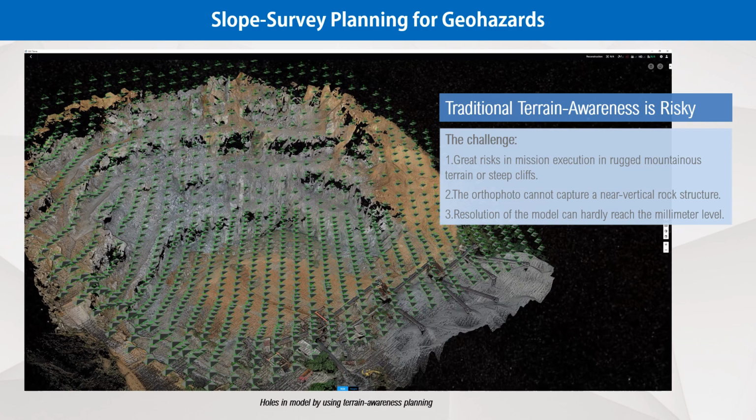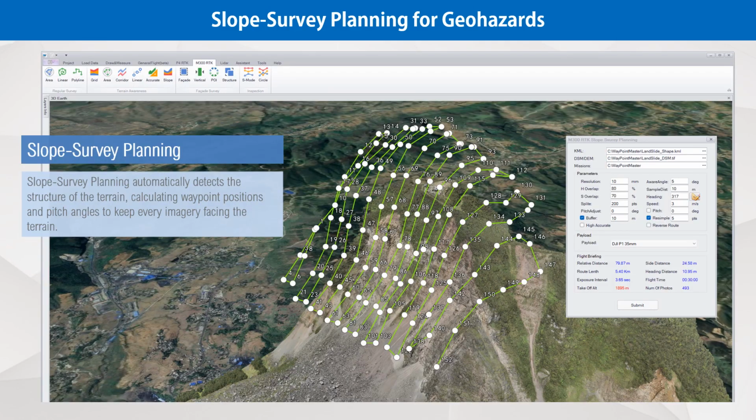The challenges are: the route may intersect with steep cliffs, leading to accidents; the orthophoto cannot capture a nearly or over 90-degree rock structure and will have holes in the model; and the resolution can hardly meet the requirements for applications. That is where slope surveying planning comes in.